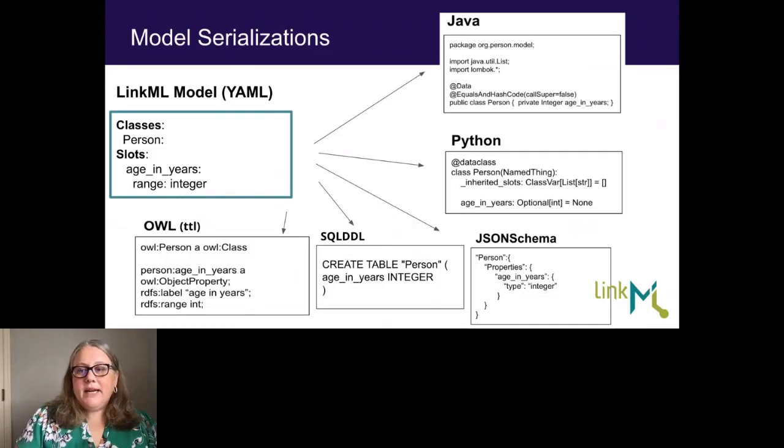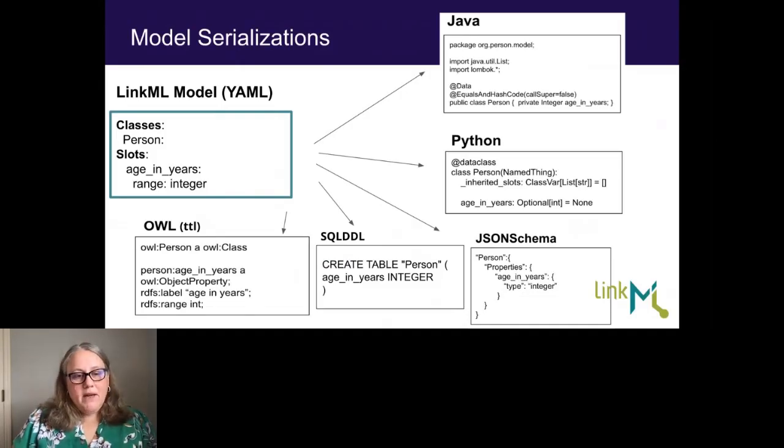And so what I can do is write a model in LinkML, use the transformers to spit out a different serialization of my model, and I can check that what I'm doing as a modeler fits into my existing technological headspace of how I understand models to work. And this slide just illustrates how the different serializations look coming from LinkML.